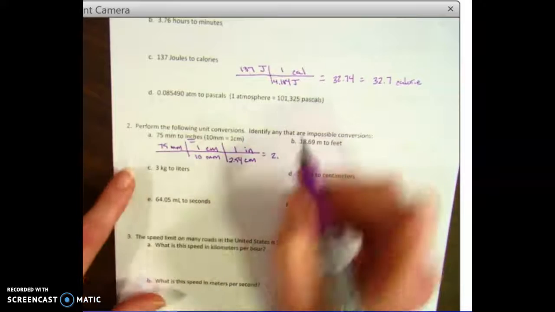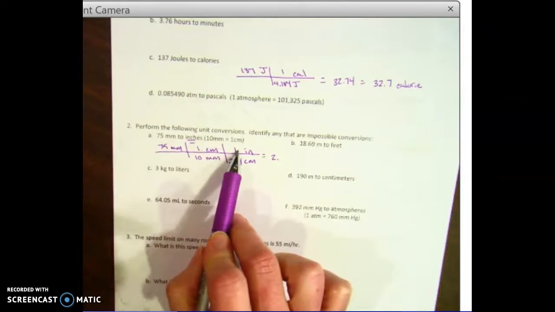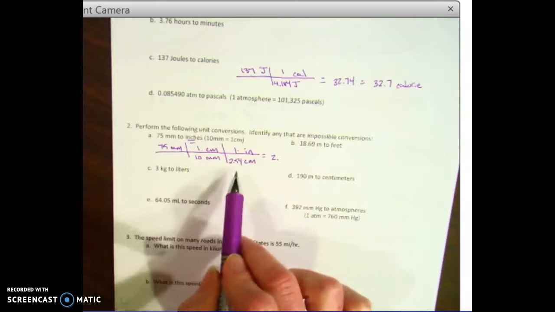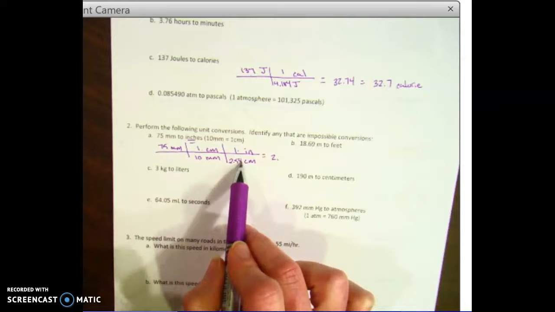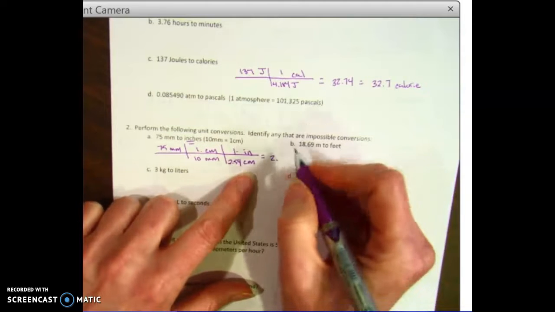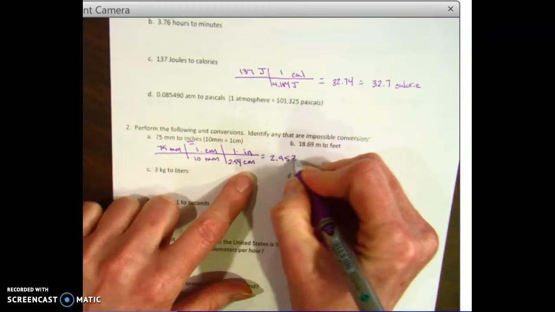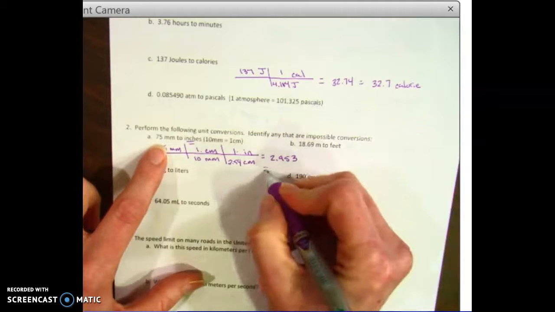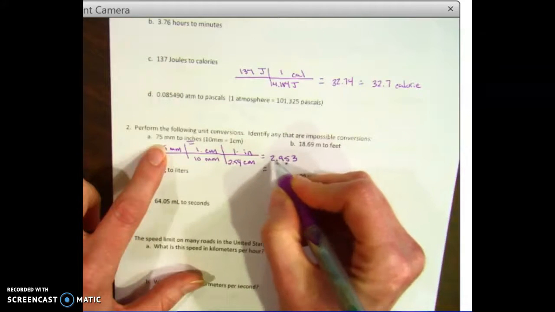You put that all in your calculator, 75 times 1 times 1, which, you know, I'm not actually punching that in my calculator, divided by 10, and you can hit equals, and then hit the divided by button again, 2.54 centimeters. The calculator spits out 2.953. You want to have 2 sig figs. This one's a little tricky because there's a 5 here. This 9's going to round up, so you're going to end up with 3.0.